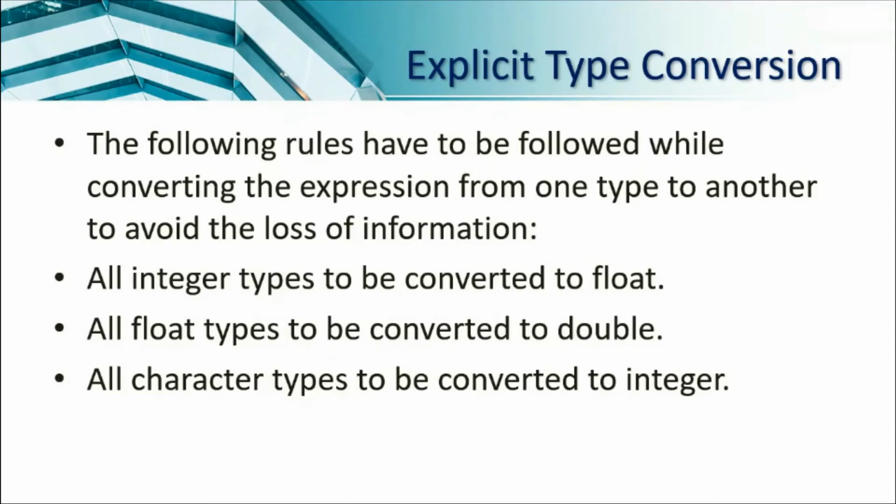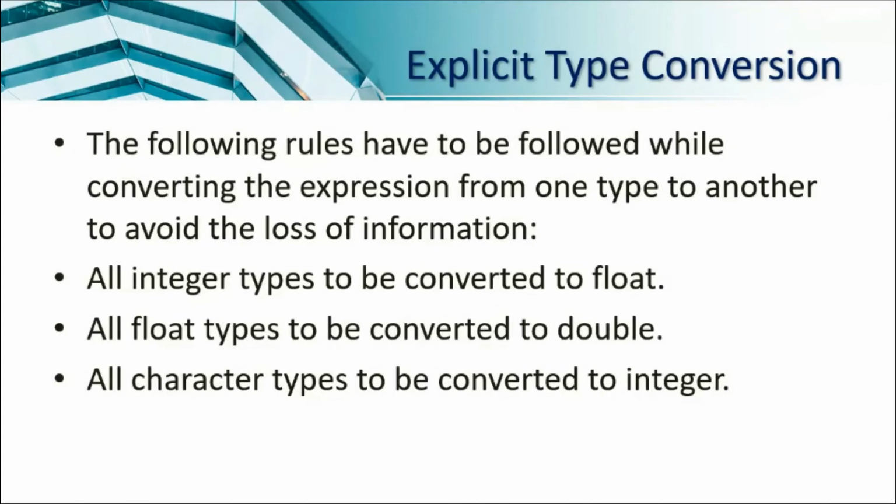All integer types to be converted to float, all float types to be converted to double, all character types to be converted to integer. If we have a character a, it is to be converted to the corresponding ASCII integer. In the case of a, it is 97. So if a is converted to integer, the result will be 97.